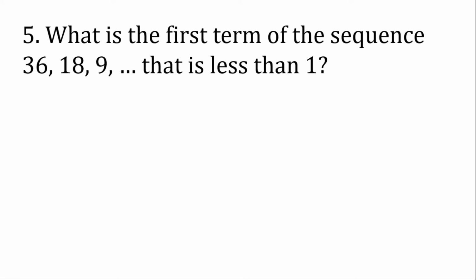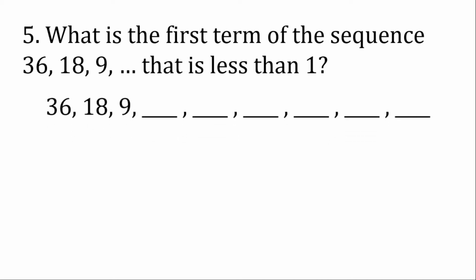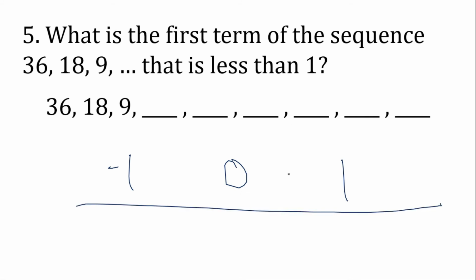So in this case, let's just write it like this and see what is the first term that is less than 1. So this is negative 1, 0, and 1. This is the number line. So less than 1 are here to here.